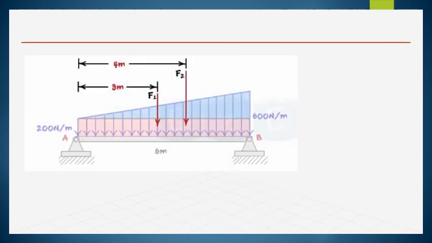Next is the triangular area. If we consider its total intensity as F2, it acts at a distance of 2/3 of L from the zero intensity end, 2/3 of 6, that is 4 meter. Its total area is half into 6 into 400, because the height of the triangle is 600 minus 200, that is 400. You get the total area as 1200 newtons.